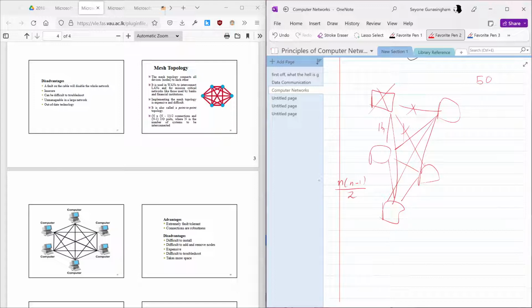So 60 into 59 over 2, roughly 30 into 100 by 2, so 150 cables. Imagine managing all that. You're gonna take up more space for cables than for computers. It takes up so much space. Imagine troubleshooting all of that.